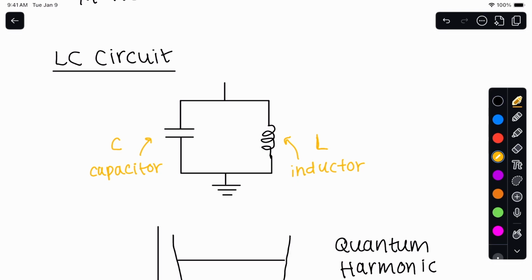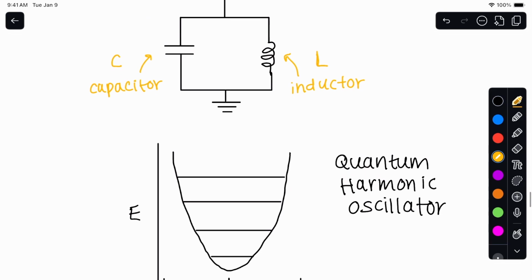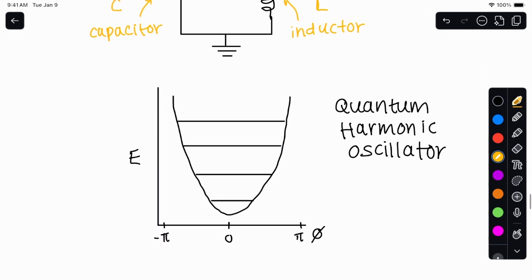And in the quantum limit, just like with atoms, there are only discrete energy levels which are allowed. So it can't just oscillate at any frequency. There are certain discrete frequencies that are allowed, which correspond to energies. We call this the quantum harmonic oscillator.